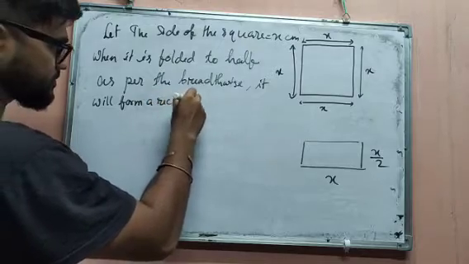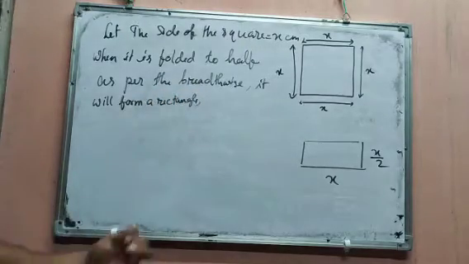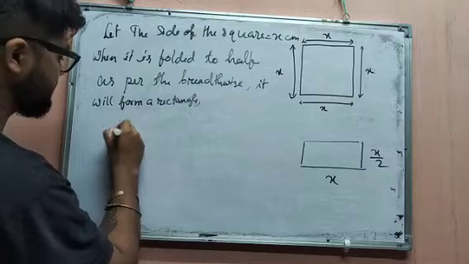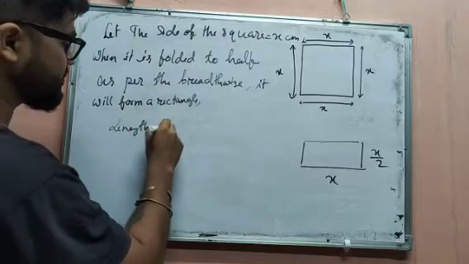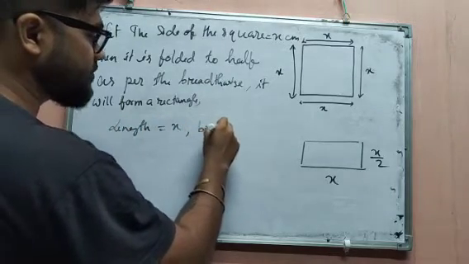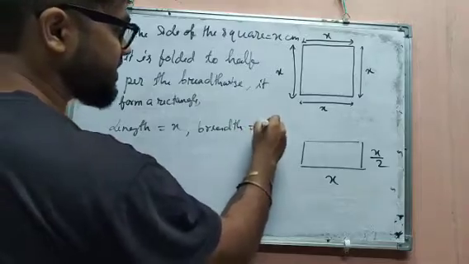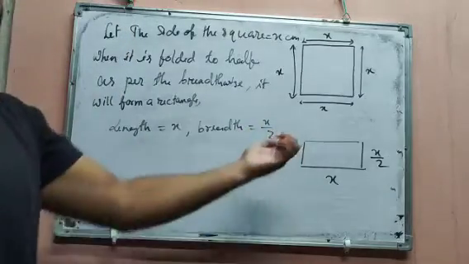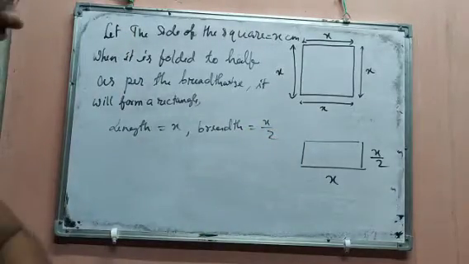This rectangle has length equal to x, and breadth equal to half of the x, that means x by 2, because it is folded in half.